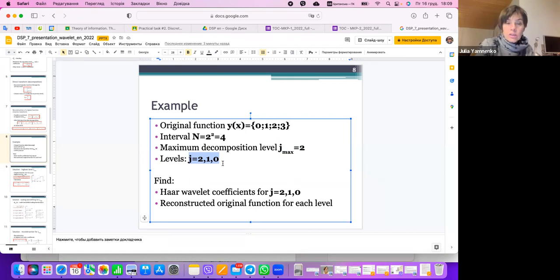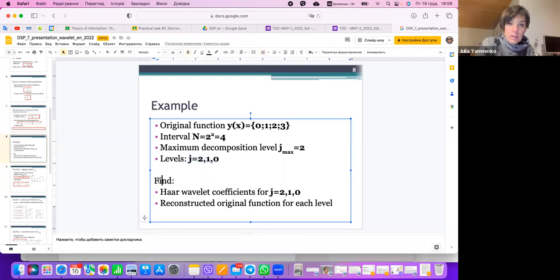But now it is necessary to understand every letter and every equation that would be here. So we have the original function. We know that this function contains 4 values. It automatically means that we know the maximum level of decomposition is equal to 2, and the possible levels that could be theoretically, and we will do all these levels, are 2, 1, and 0.